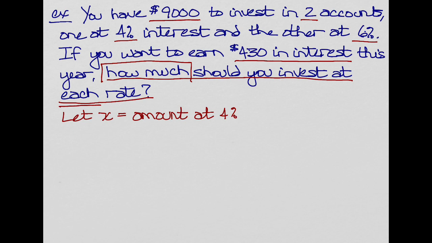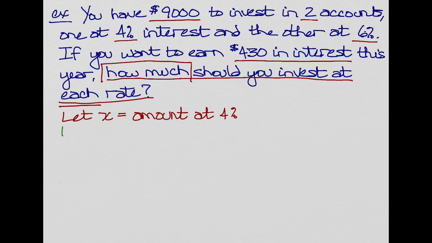Well, suppose I put $3,000 at 4%, and I have $9,000 altogether. That leaves me $6,000 to put in the other account. And I did that by subtracting 9,000 minus 3,000 to get the other 6,000.